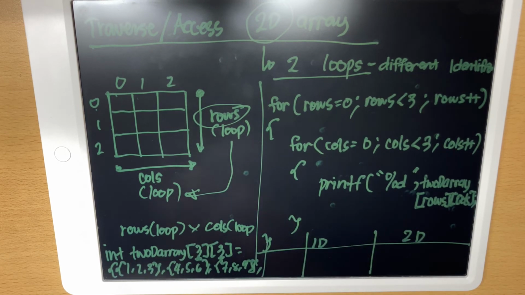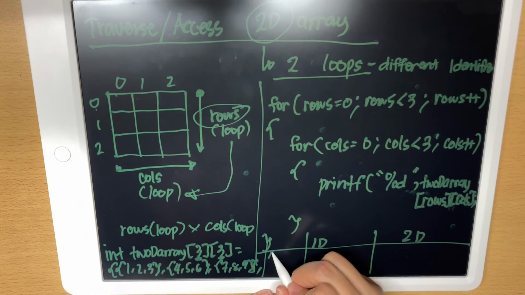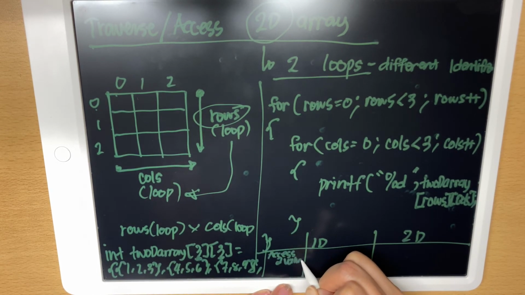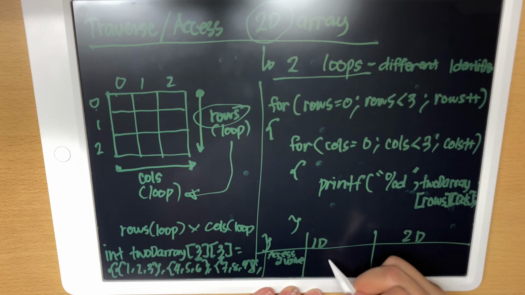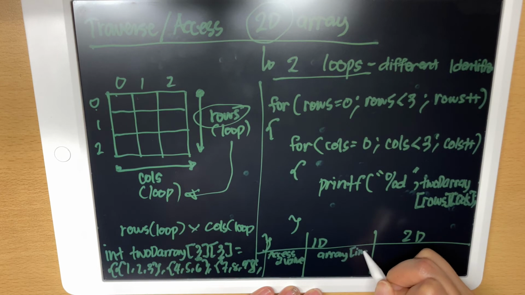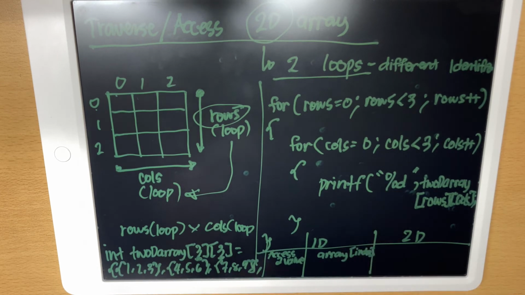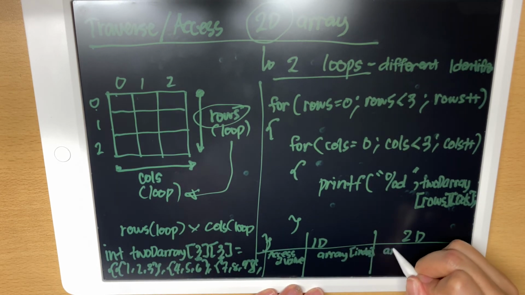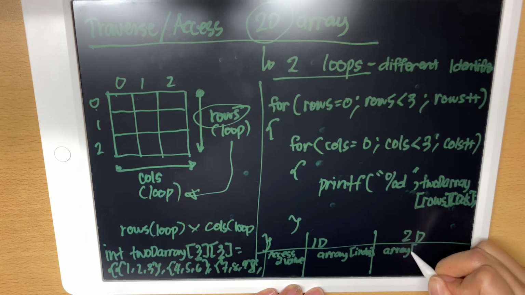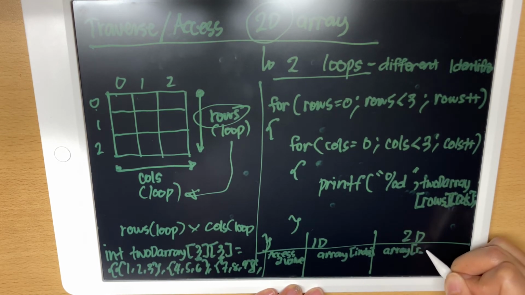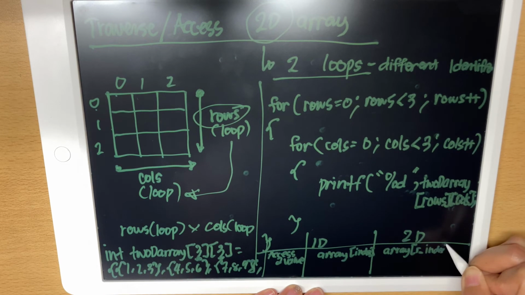So to define or access a value, it would be array index. Well, for 2D it would be array at row index and column index.